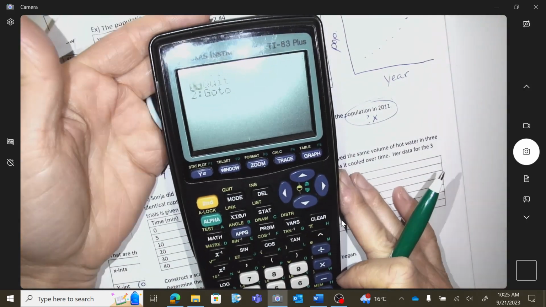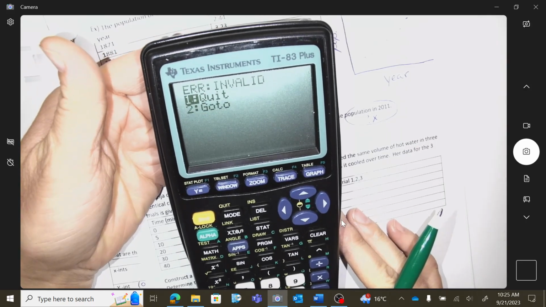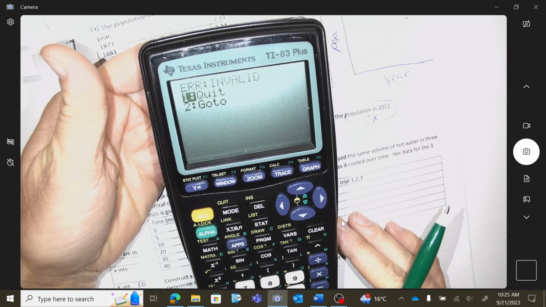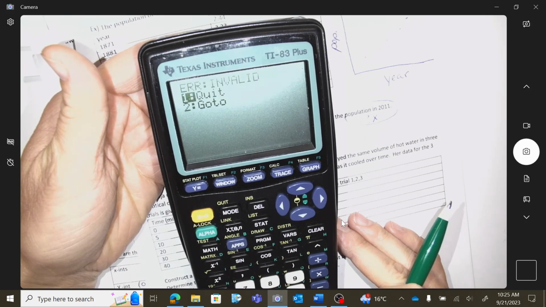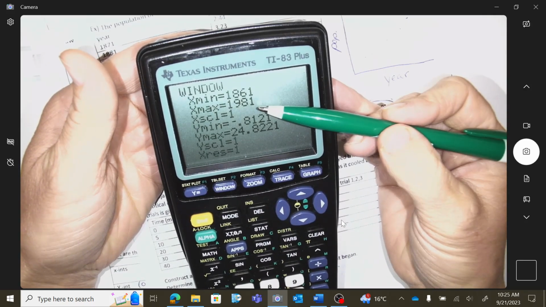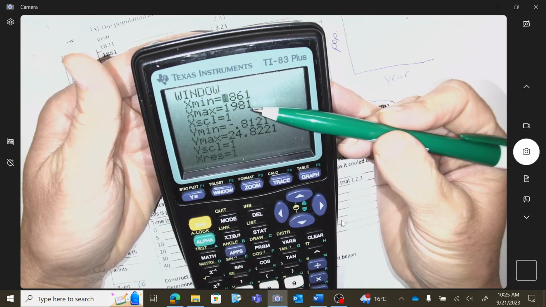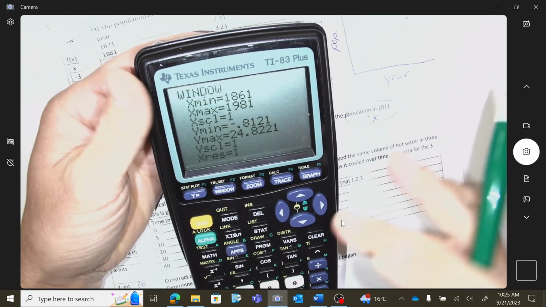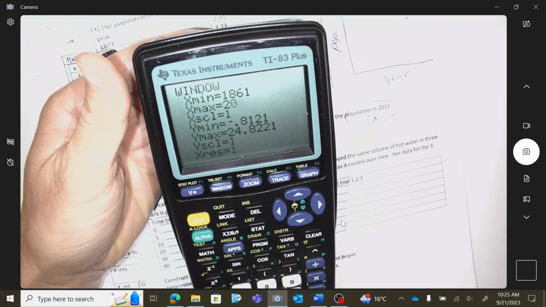Trace 2011, enter. And then it gave me this, quit, error. Why? What would be the problem? It'll be a window issue. So going back to my window, looking at my years, this went to 1981, so 2020.